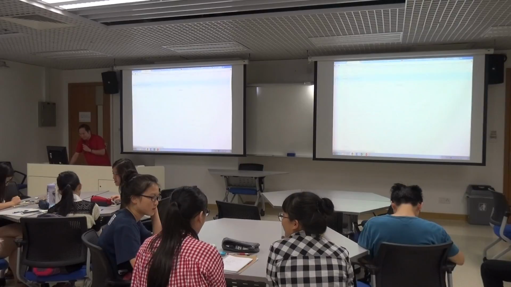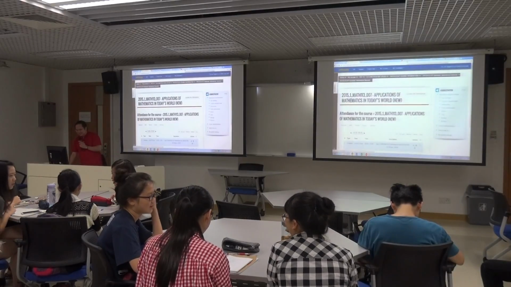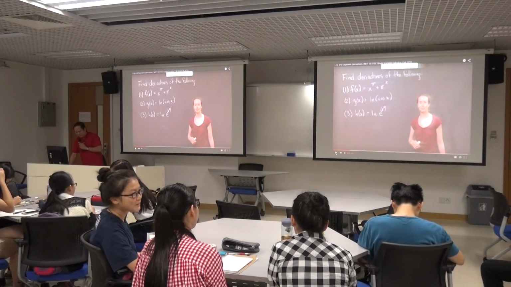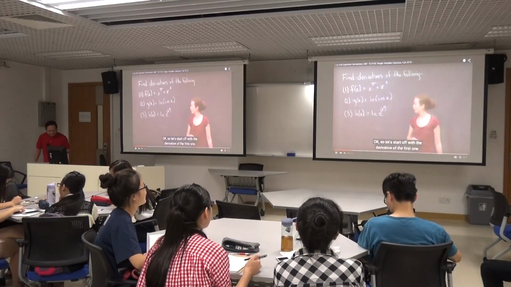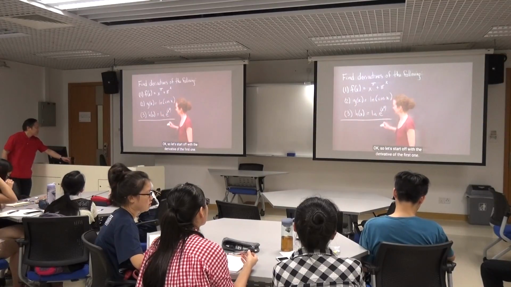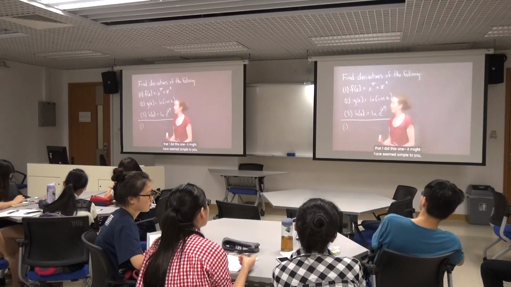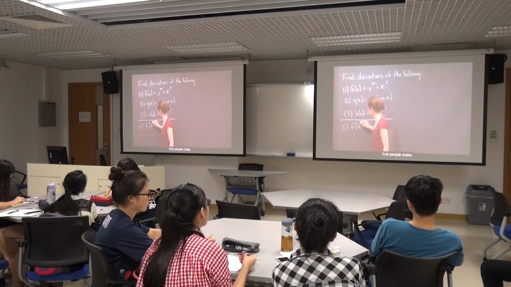All right. So let's take a look at the result. Okay, so let's start off with the derivative of the first one. Now the reason in particular that I did this one, it might have seemed simple to you, is because of a common mistake that people make.